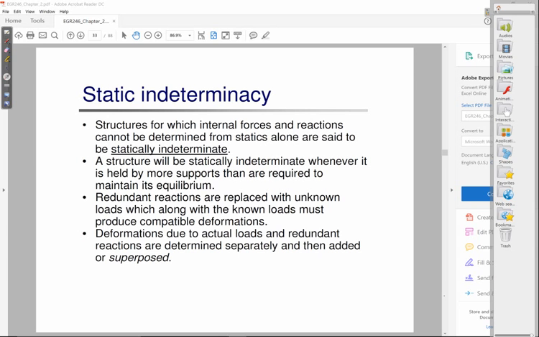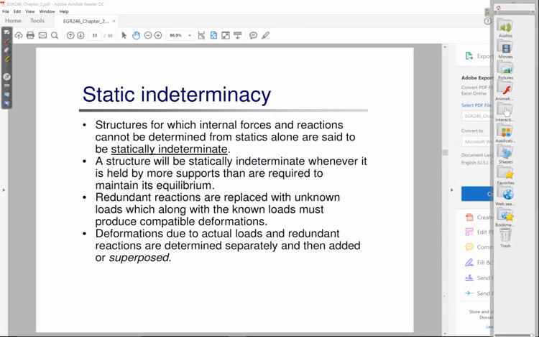If you have a bunch of different forces applied to a structure and you want to know their effect, there's no need to look at all those forces together.